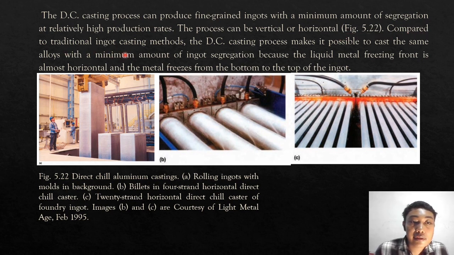Compared to traditional ingot casting methods, the DC casting process makes it possible to cast the same alloy with a minimum amount of ingot surgery because the liquid metal flowing from the mold is almost horizontal and the metal pressure from the bottom to the top of the ingot.